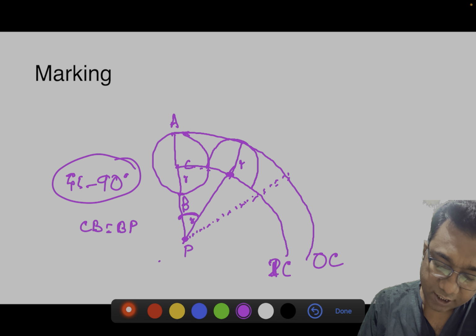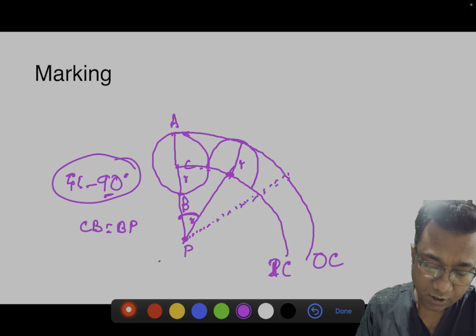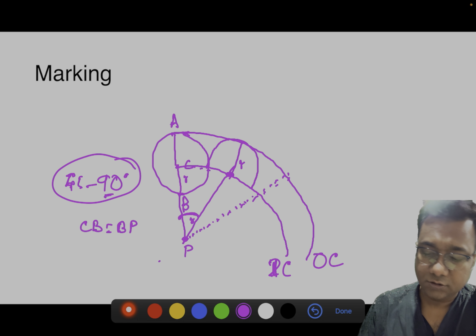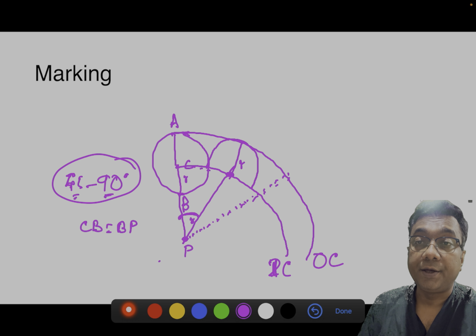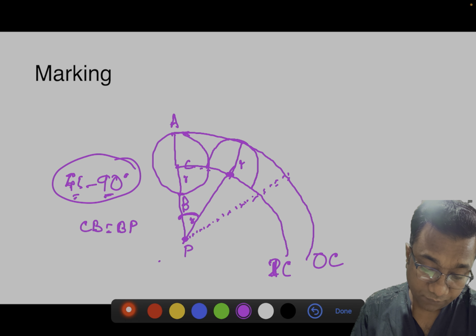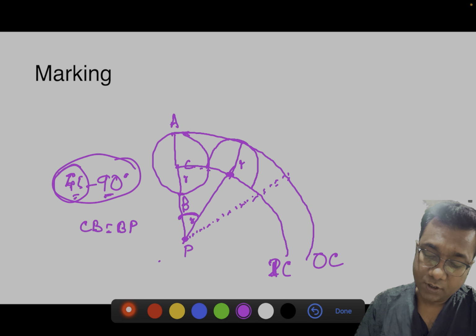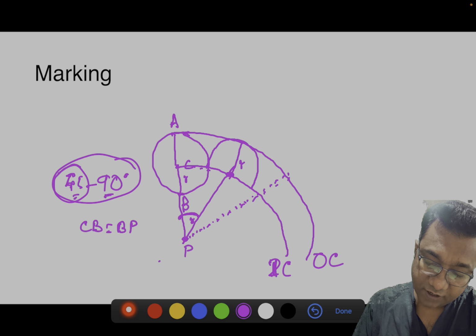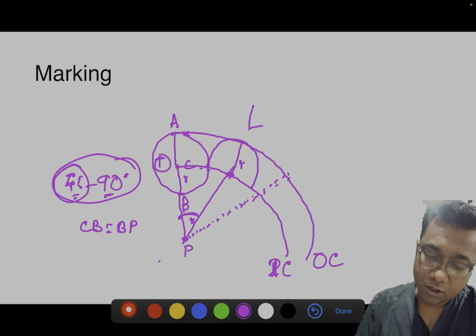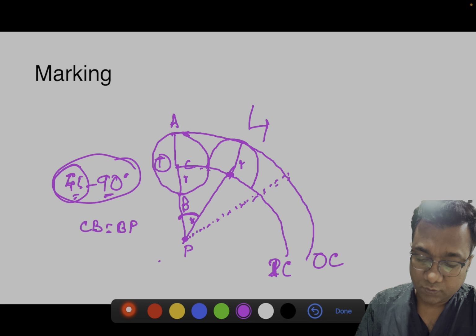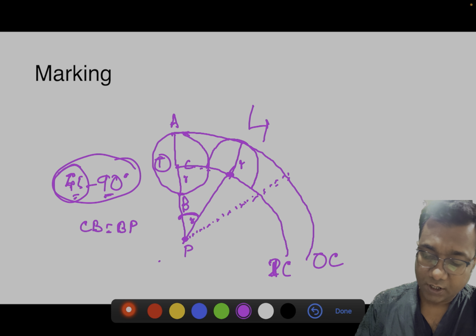Initially it started with 90 degrees, then it dropped down to 45 degrees, so there is a wider benefit if we go for a smaller angle. So this is the tumor or defect. This is lobe 1. Now this one will go here.